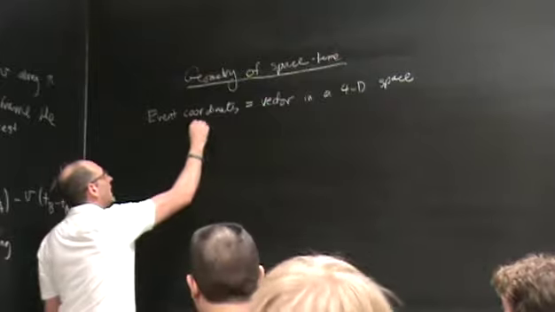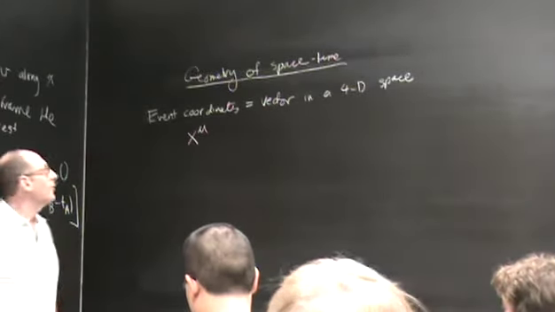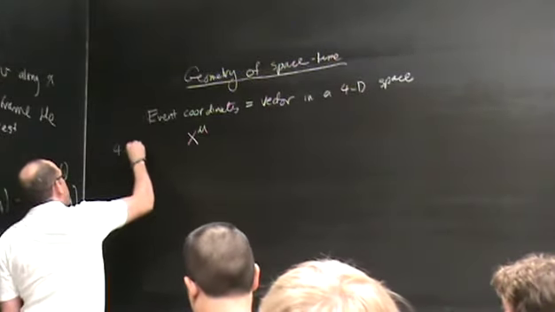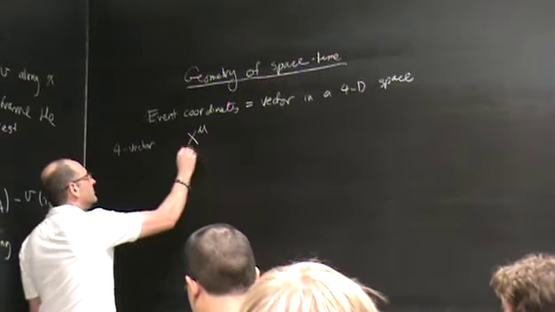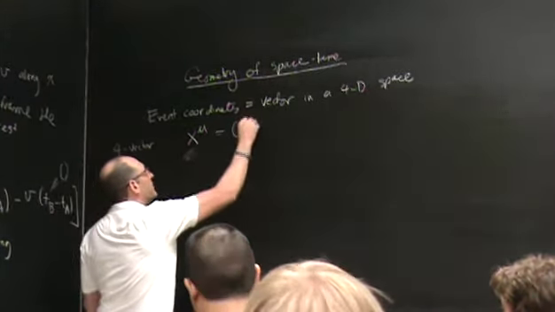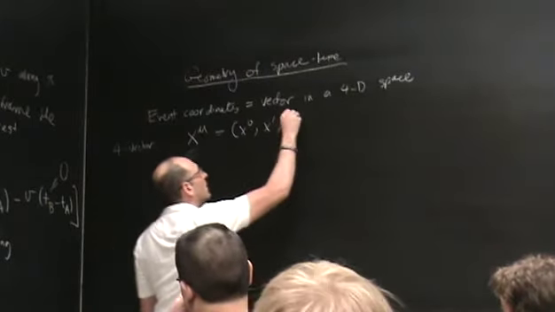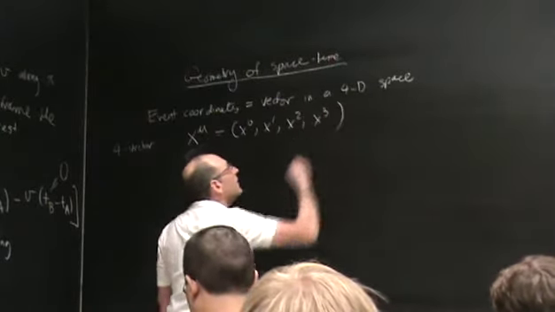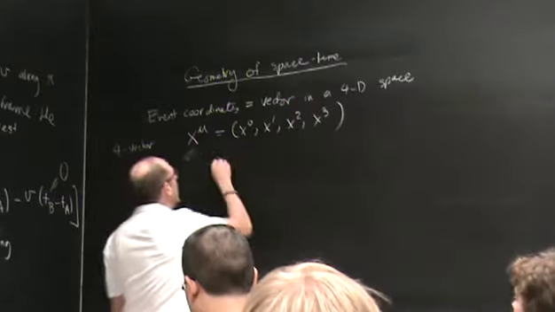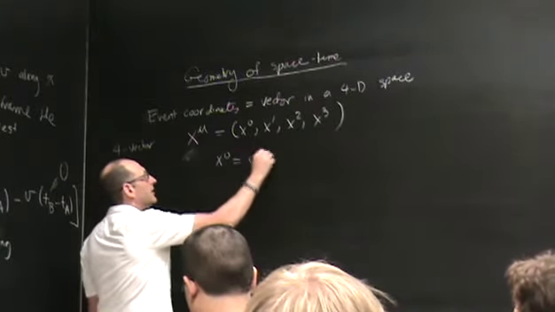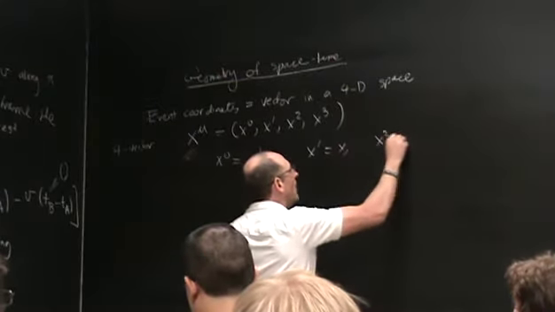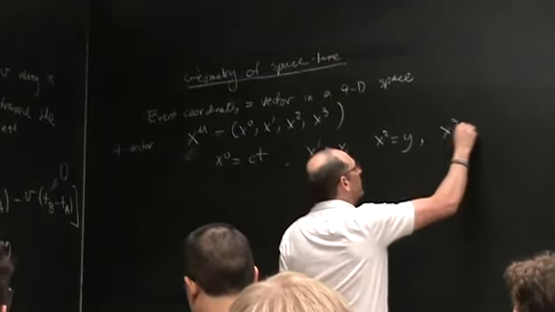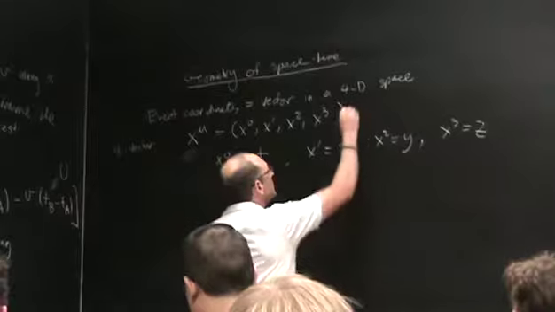So we define a 4-vector, the space-time coordinates, which range from 0 to 3, where x0 is ct, x1 is the x coordinate, x2 is the y coordinate, and x3 is the z coordinate.